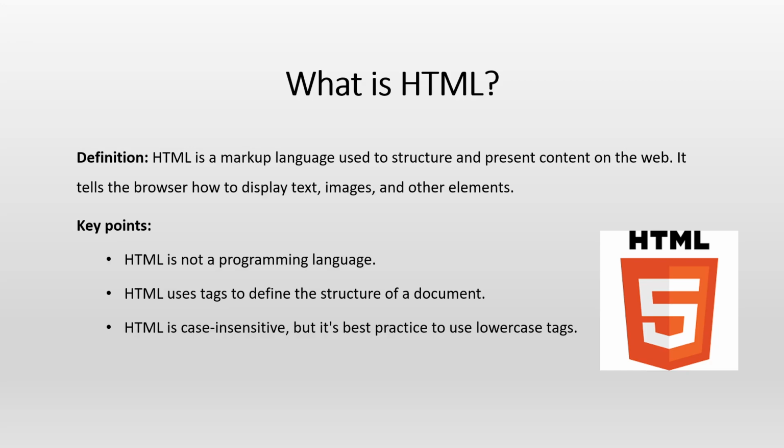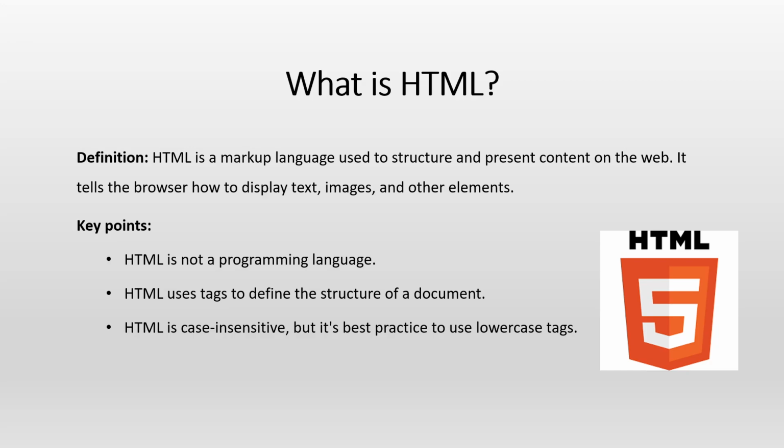Its purpose is simply to show text, images, and many other elements on the browser. So the main purpose of HTML is to display text, images, and other elements in the browser. It does all these things with the help of a document, which is called an HTML document.